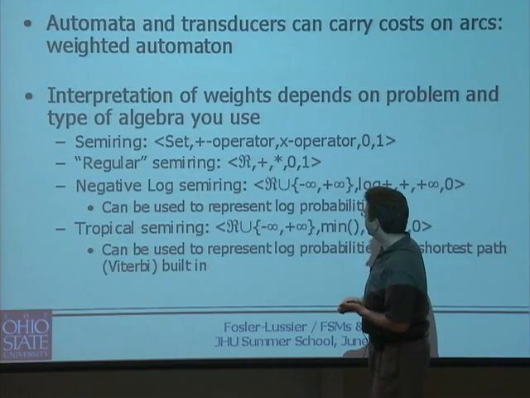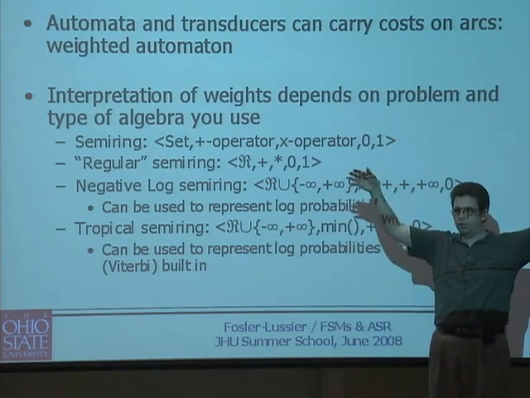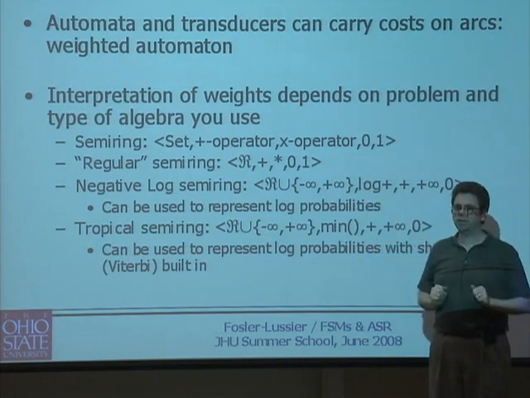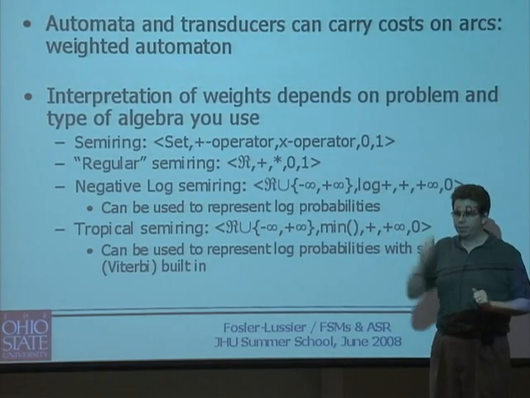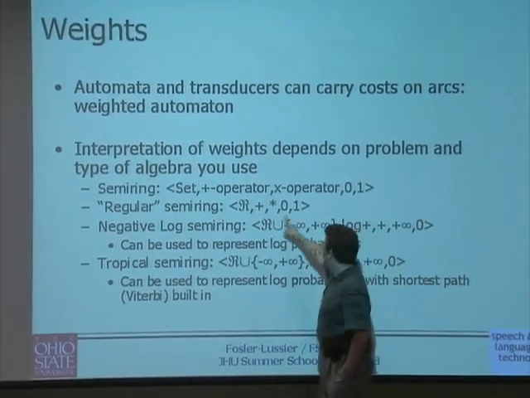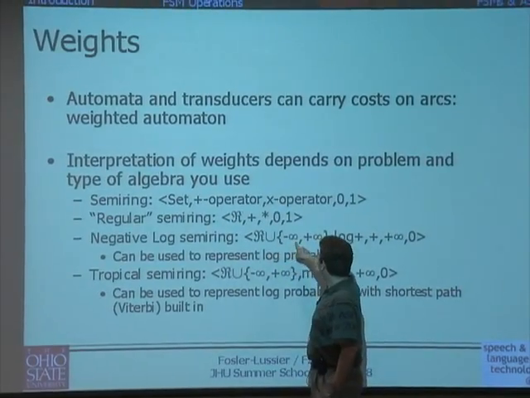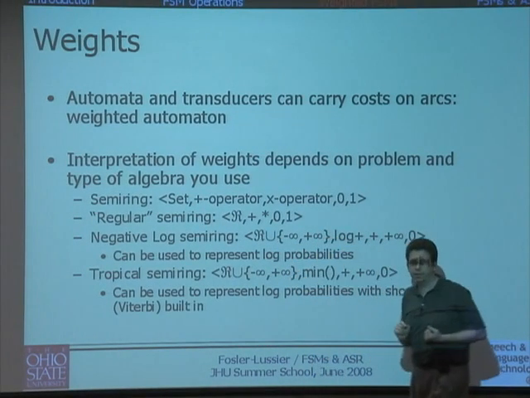So one thing that you can do is, let's imagine taking all the reals, and let's convert everything to log domain. Take the log of everything. So instead of A, you have log of A, and instead of B, you have log of B. Now, you throw in the reals, but you also have to throw in negative infinity and positive infinity into the semi-ring.